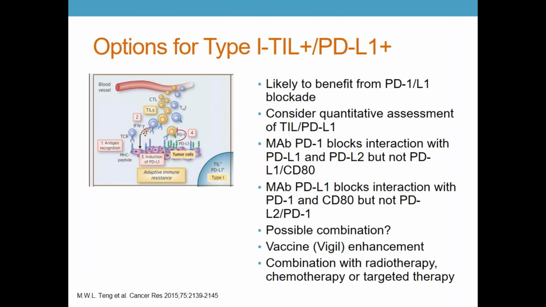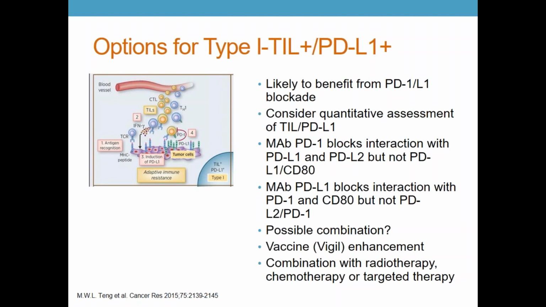So let's look at type 1, where you now have this adaptive immune resistance. This is the one that basically has a lot of TILs and the tumor cells express PD-L1. Well, this is a tumor likely to benefit from blocking that using pembrolizumab.